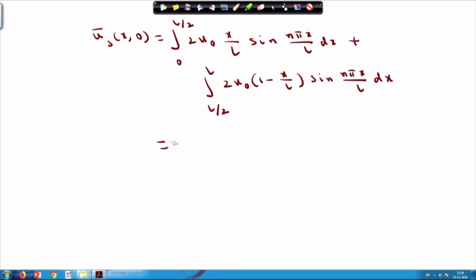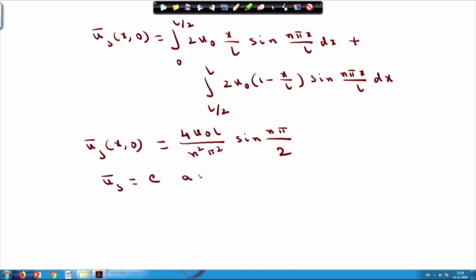I am not evaluating this here because you can evaluate it on your own, you should check it. You will obtain 4 u 0 L by n square pi square into sin n pi by 2.